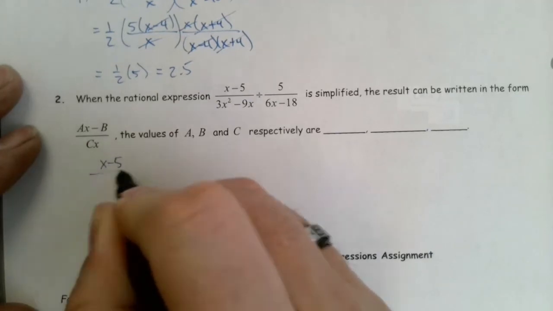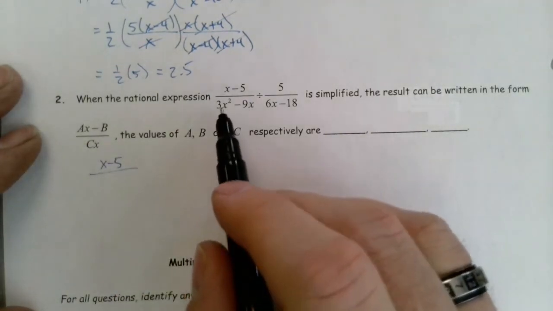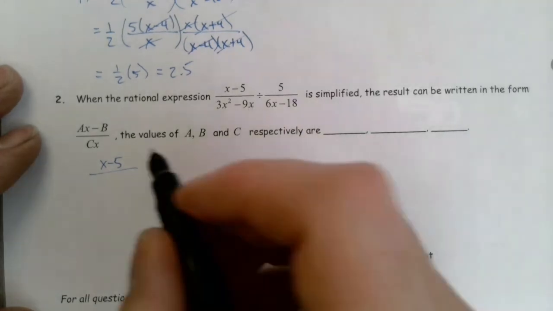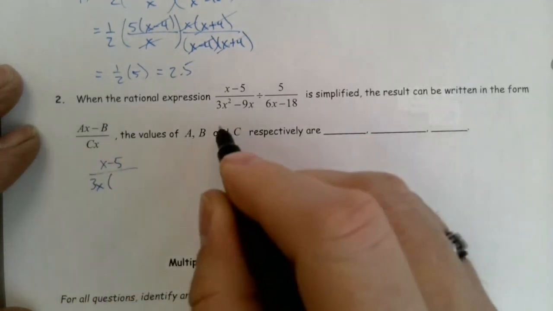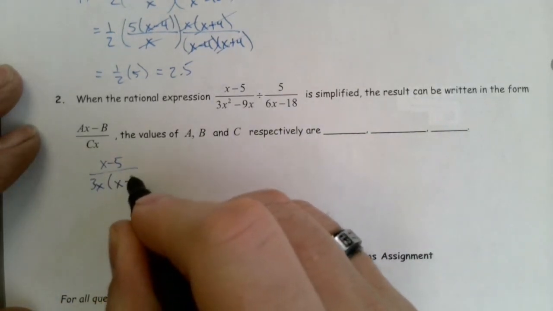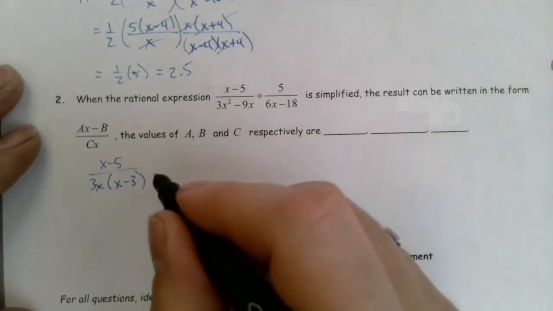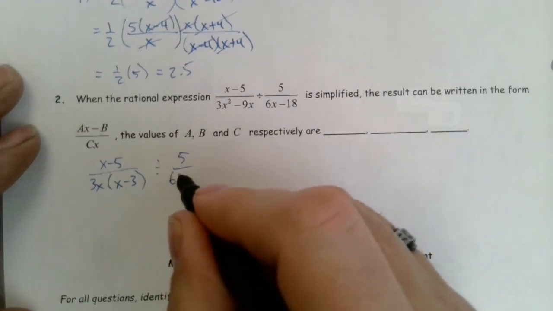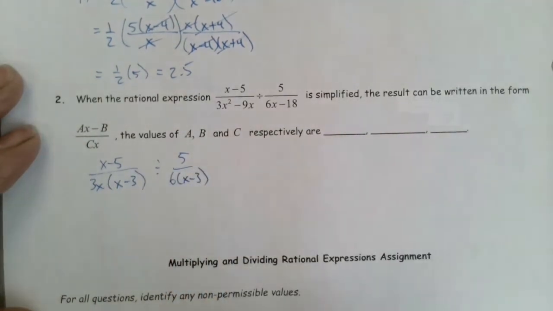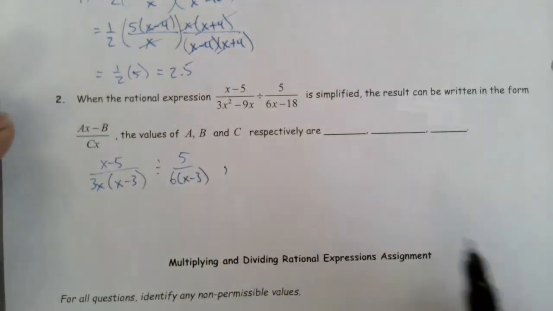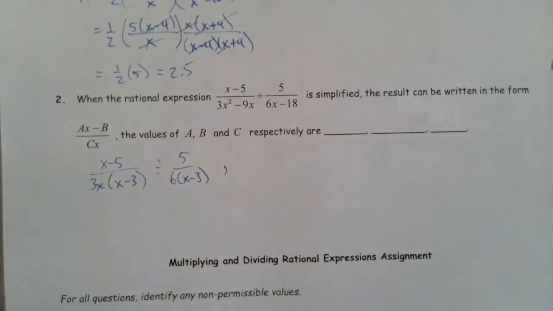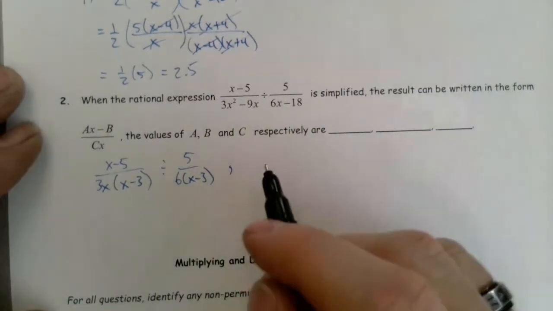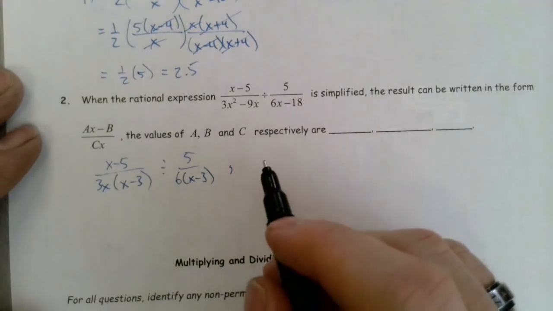So first of all, we're going to factor. So I've got a common 3x, it looks like, here. When I take that out, I will get x minus 3, divided by 5 over, and it looks like I've got a common 6 there, so 6x minus 3. Now, even though you're not going to have a chance to enter this in the numeric response, I still want to take the moment here just to talk about my non-permissibles.